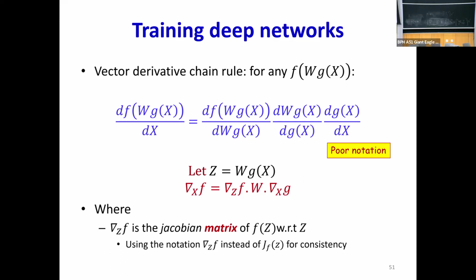Okay, so this is the key piece. Once you remember this, the derivative of y with respect to x is going to be the Jacobian of f with respect to z times w times the Jacobian of g with respect to x. Okay? Stay with me.